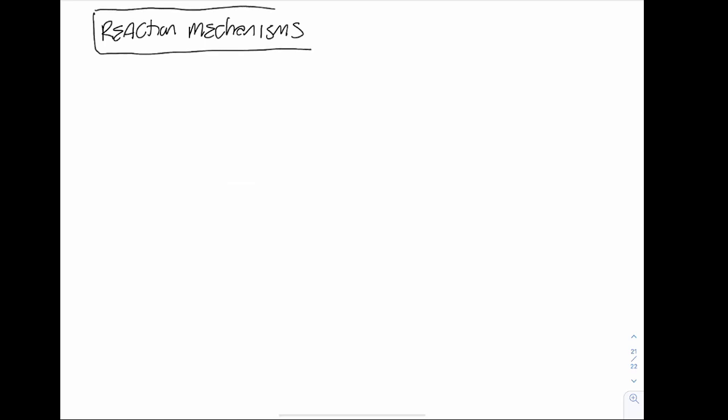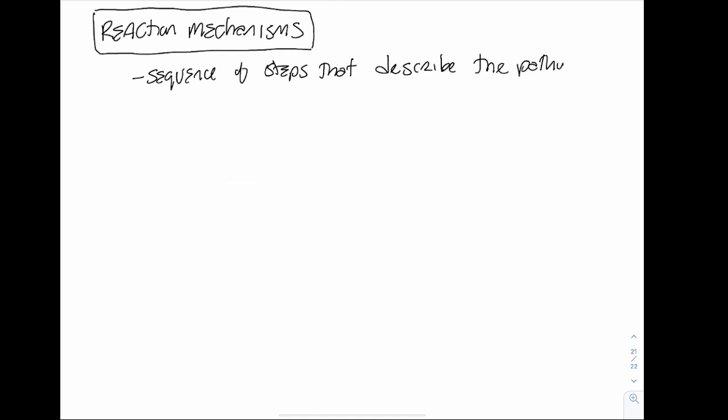If you go on and take organic, you'll spend a lot of time looking at reaction mechanisms in much more depth than what we're going to look at here. But it's the sequence of steps that describe the pathway from reactants to products.